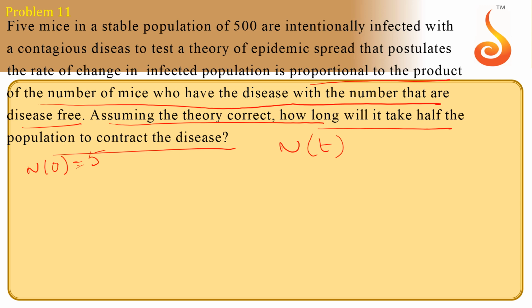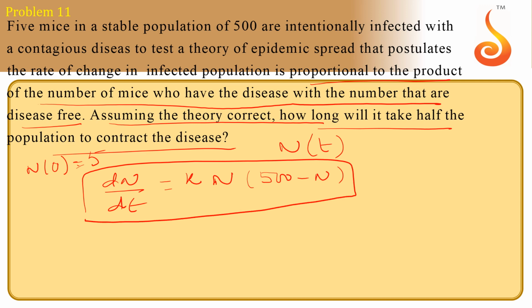So the rate of change in infected population is proportional to the product of mice with disease and without disease, so some k. So this is the differential equation we have to produce. Then dn by n into 500 minus n equal to k dt.